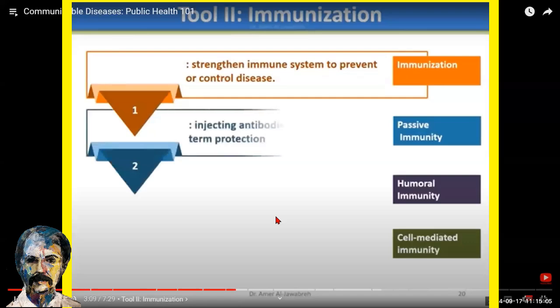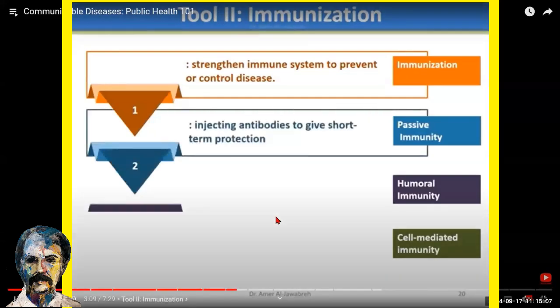Passive immunity is used in certain cases, like tetanus. If you step on a rusty nail, then the tetanus bacteria or the toxin of the tetanus gets inside you. And if you don't get rid of this toxin very quickly, in hours, then you will get tetanus and it will kill you. How do we get rid of the tetanus?